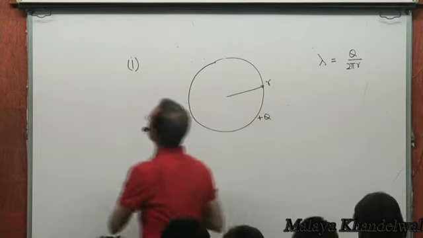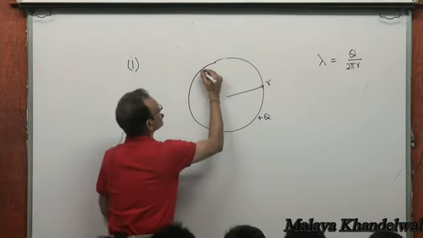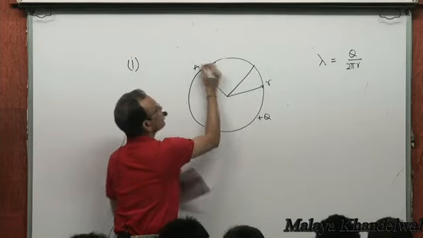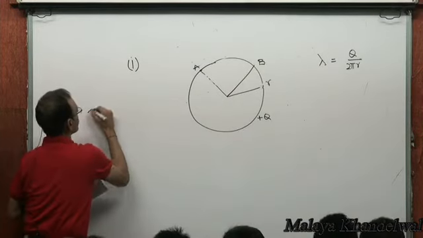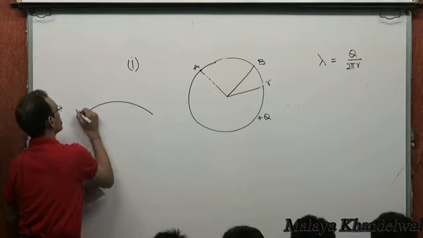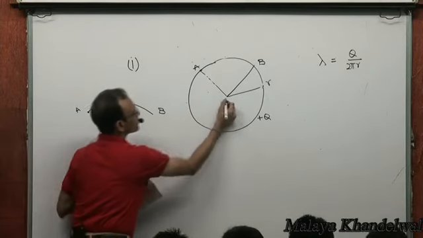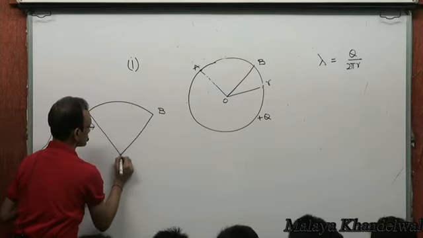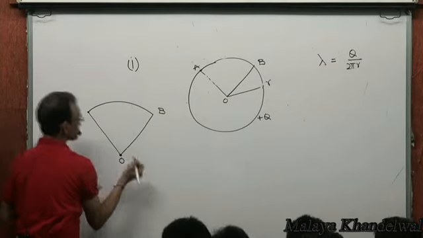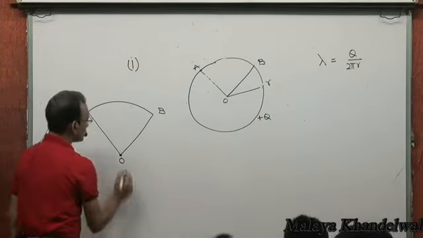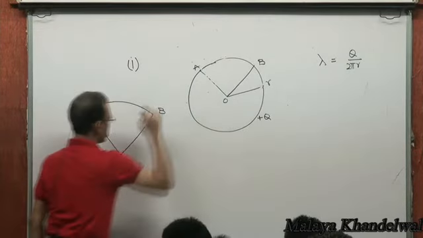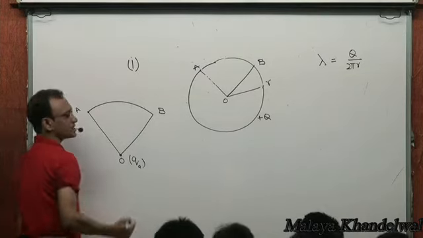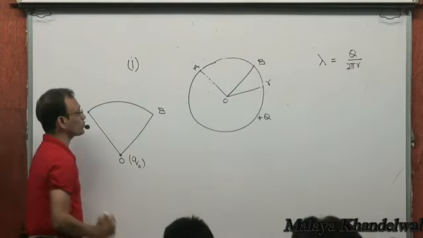Now what would happen is, if you took a small element of the ring, say AB, with a charge, say Q naught present at O, what would happen?